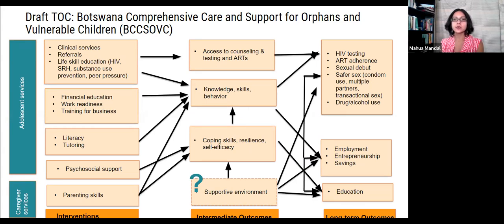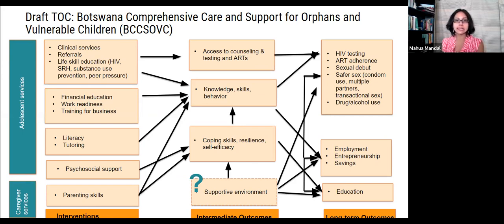But there was little information about what actually would lead to a supportive environment. There was documentation that a supportive environment would lead to other things, including the outcomes. But it was very challenging to see which of the activities were actually going to increase the environment being supportive.